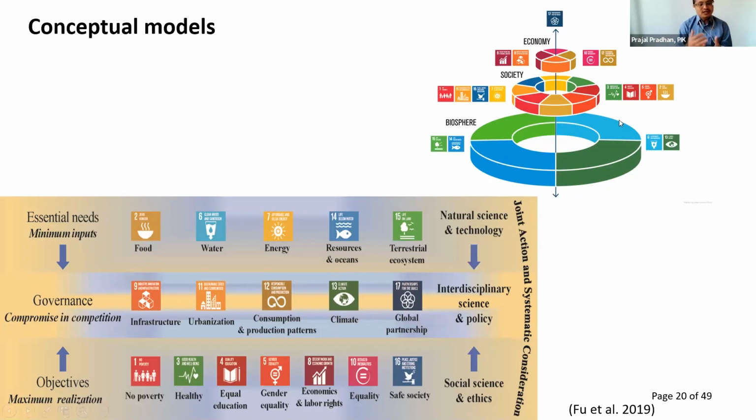There are three layers, with the economy at the heart because people do economic activities for generating societal well-being, and whatever we do has to be within the limits of nature. This is one of the models which provides these three interlinkages of socio-economic and environmental aspects with different colors, and how they interact with each other.